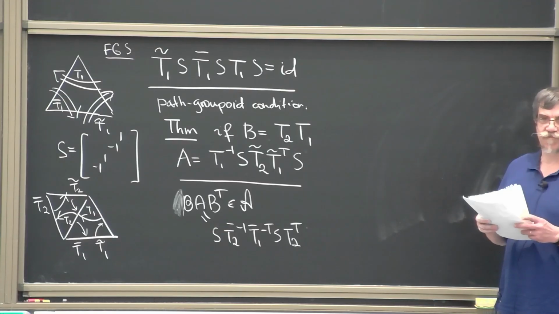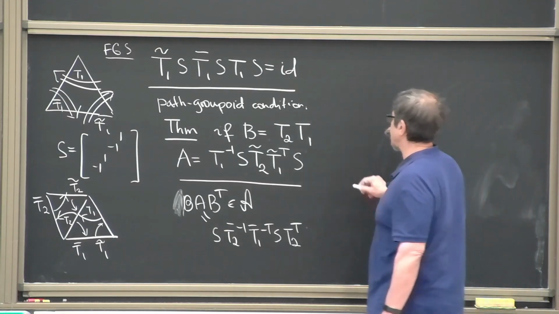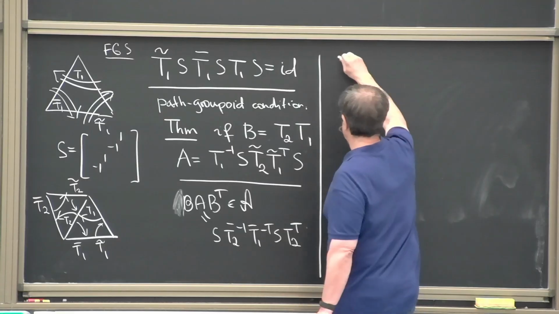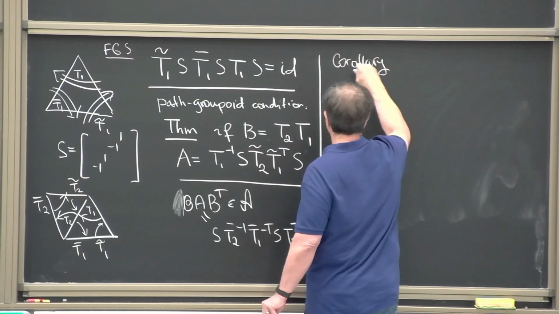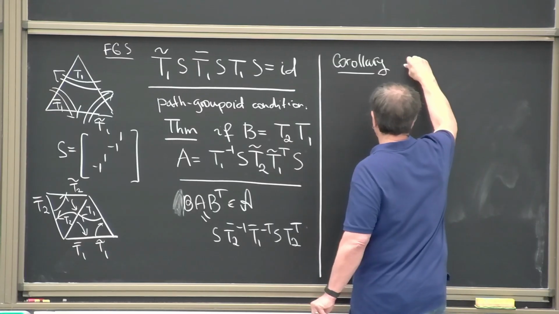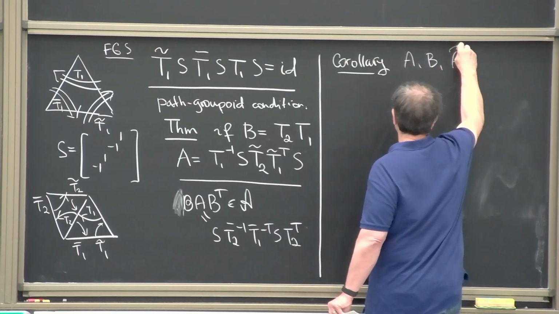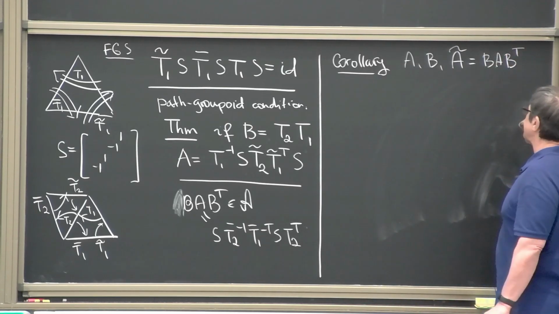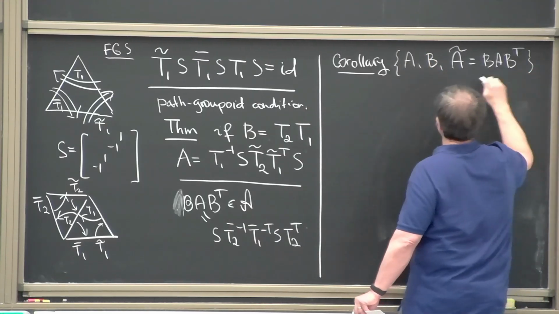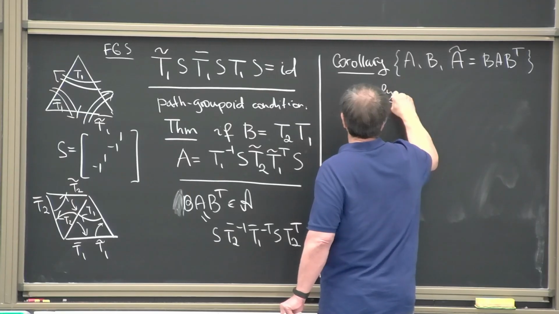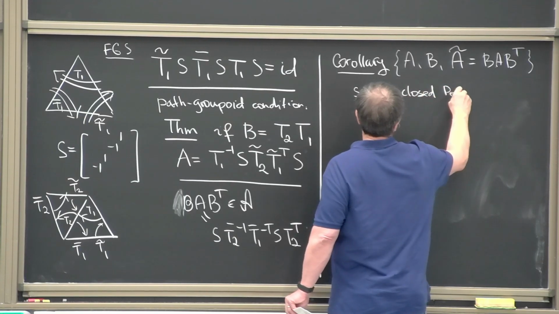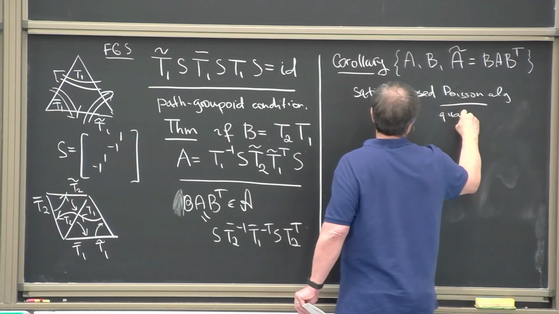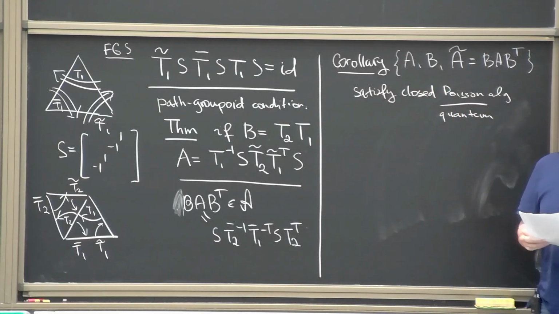So it really solves the corresponding groupoid condition, and moreover, the corollary is that these matrices A, B, and A twiddle, that we use for denoting this target map, satisfy a closed Poisson algebra, or, well, we can also upgrade it to the quantum algebra.